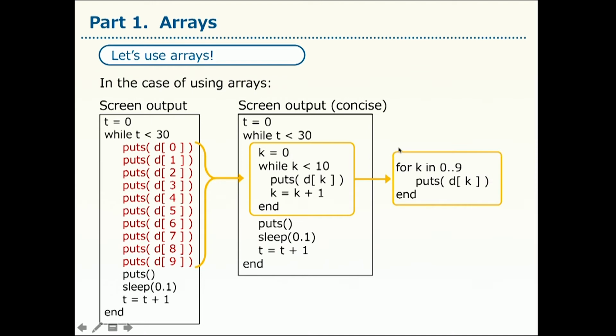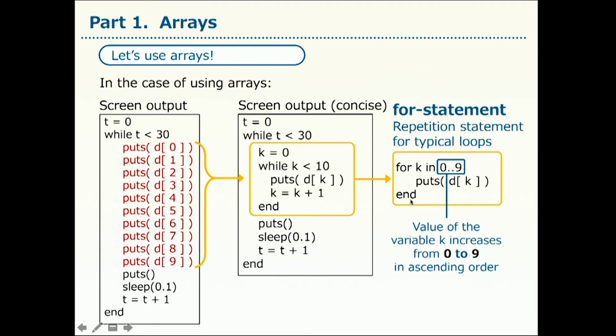This loop using a while statement can be written more simply like this. This is a new way of writing a loop called the for statement. This for statement is convenient for expressing somewhat standard repetitions. For example, by writing this way, we can express a command to repeat this while moving k from 0 to 9. Therefore, when executing this part, k is first set to 0, then the puts command is executed.